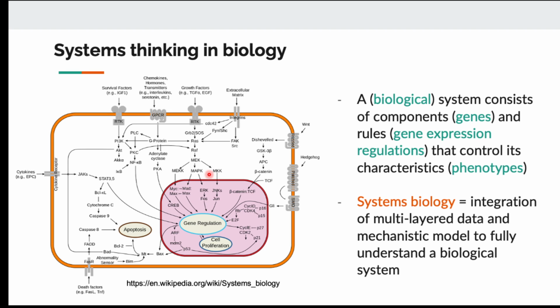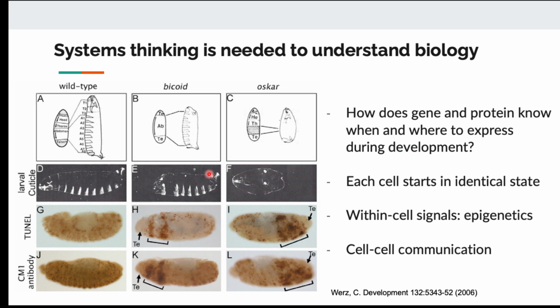So systems biology wants to view every system in biology as complex and dynamic, and not just as a snapshot. This is really needed when we look at multicellular organisms, where cells develop into different tissues. Every cell starts with the same genome, so they start in the same identical state.